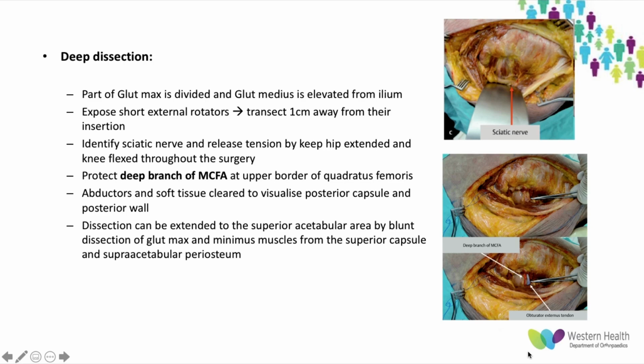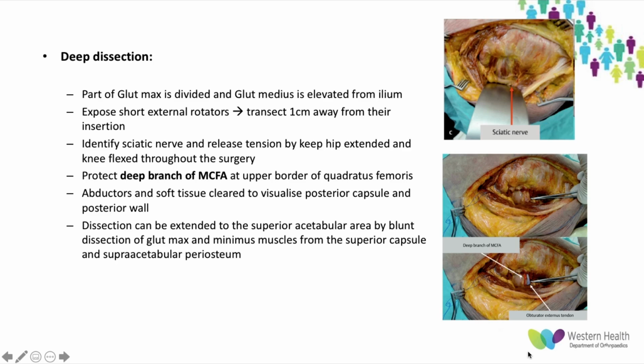The deep dissection involves part of the gluteus maximus divided and gluteus medius elevated from the ilium. You will then expose the short external rotators. It is important in this approach to transect the short external rotators 1 centimeter away from their insertion because you need to ensure you protect the blood supply to the femoral head.